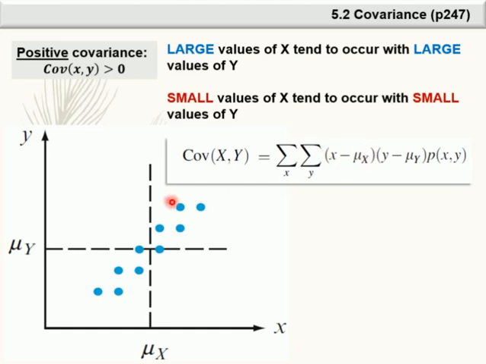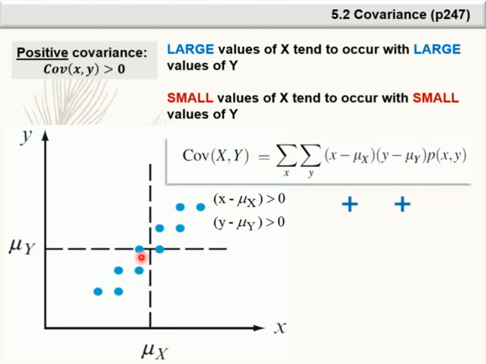And then if you take the y value, the difference between that y and its mean is also going to be positive because they are greater than their means. So you end up with a product of two positive things, and this probability is always positive. So ultimately, this summation ends up being the sum of positive things whenever it's in this region here, greater than the means. So you have positive values, great.